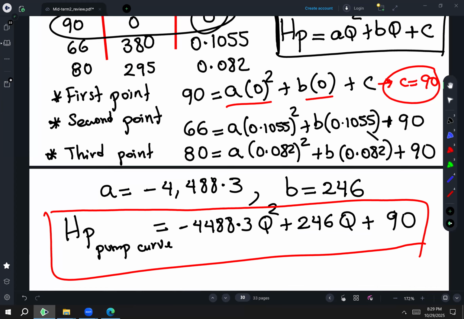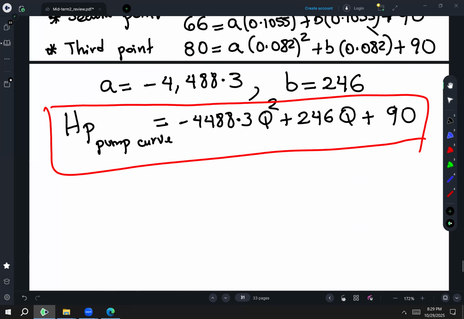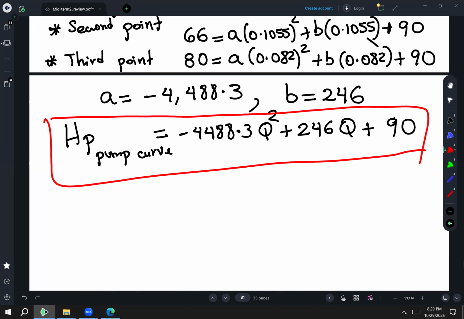The problem is, what is the flow discharge and the head for four pumps in series, right? So now we say four pumps in series.